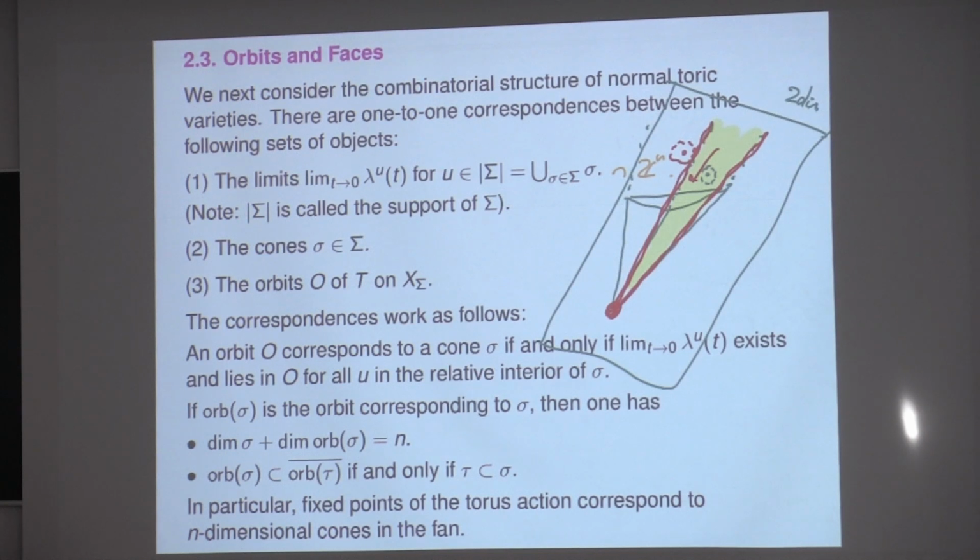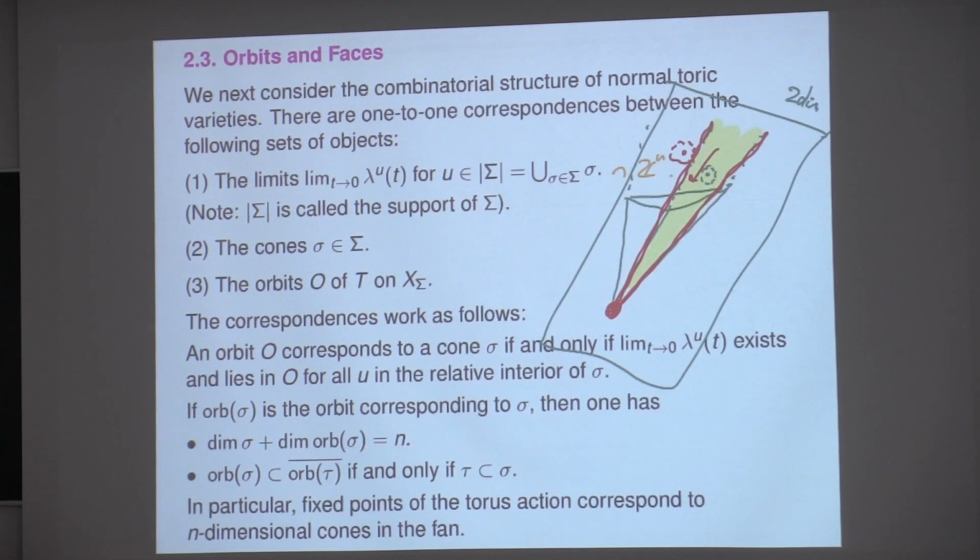So now, there are some nice things about this correspondence. The dimension is related to the dimension of the original cone. We are saying, hey, on your variety with a torus action, there are finitely many orbits in correspondence to the cones in your fan. And the size is not crazy. The dimension of your original cone plus the dimension of the orbit that it corresponds to gives you n.